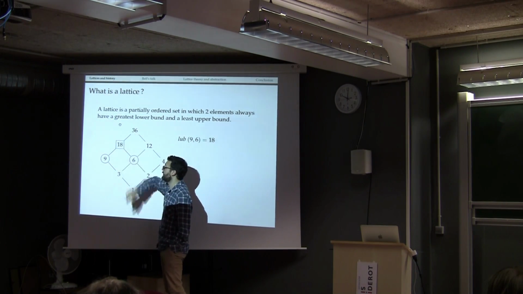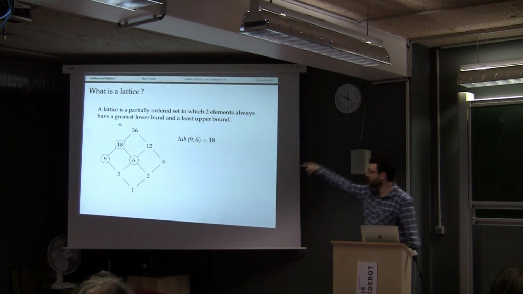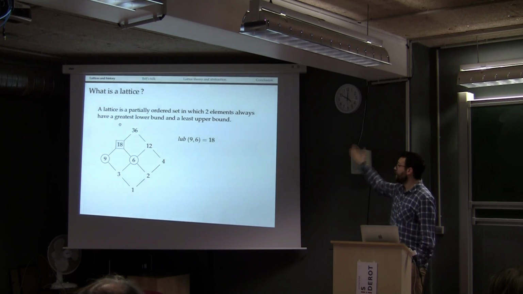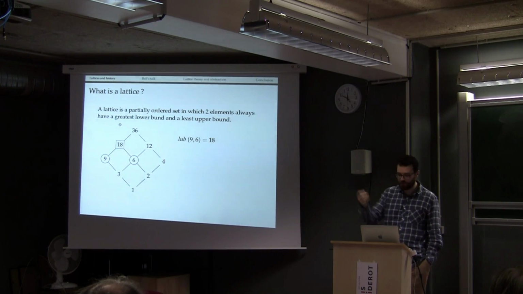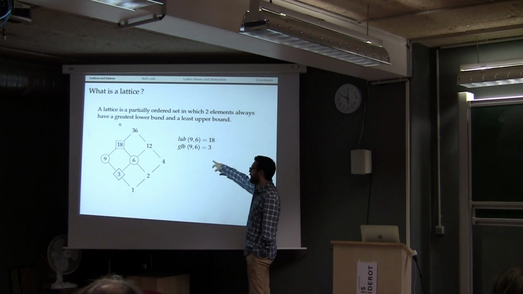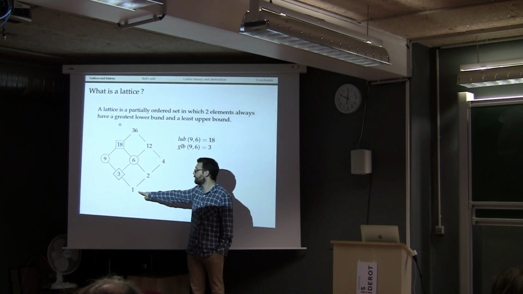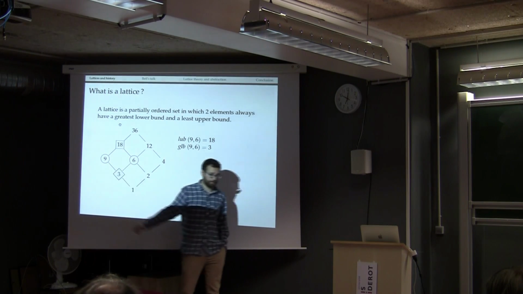You see, 36 is divisible by 9 and 6, but 18 divides 36. In the same way, they have a greatest lower bound, which is the exact opposite. It is a number that divides both, and which is divisible by every element that divides both.